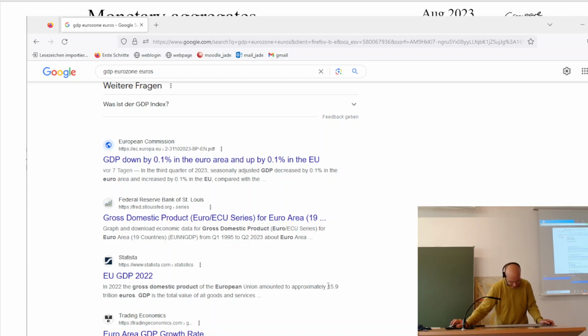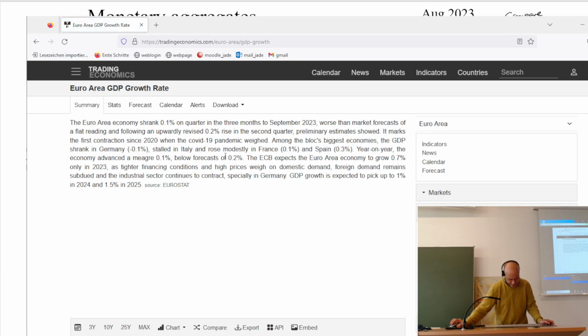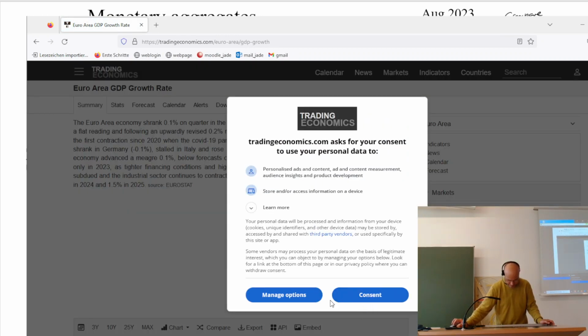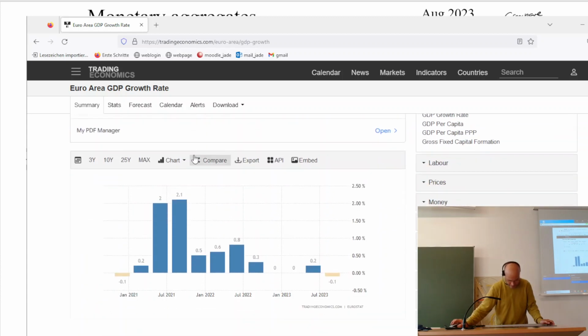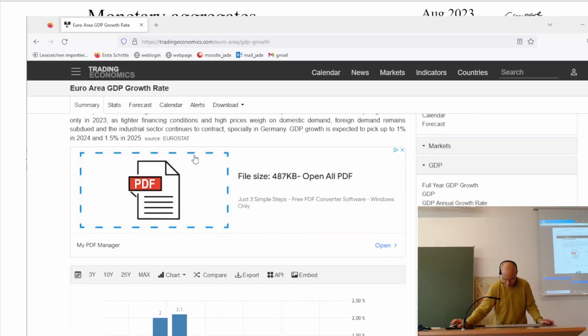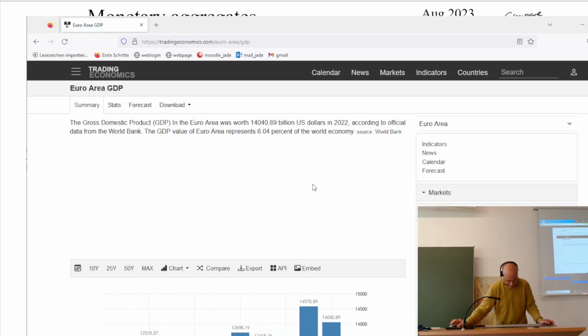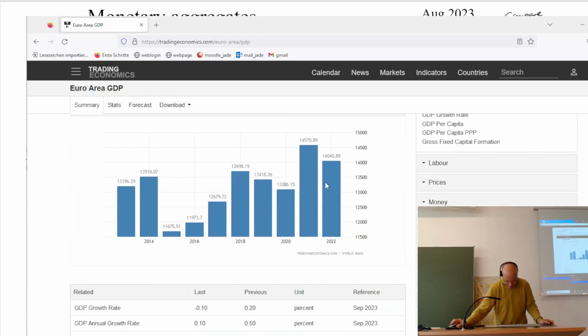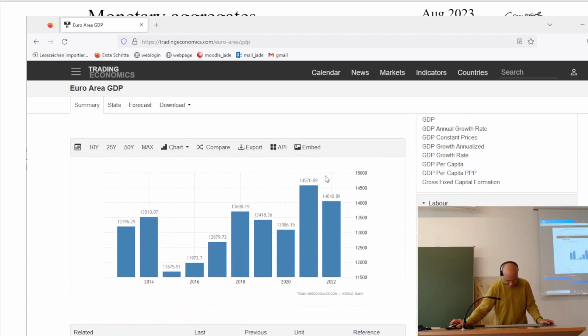This is the European Union and the Euro area. Do we have it here? No, these are only the growth rates. Here. Again, US dollar divided by 1.1 is roughly 13.